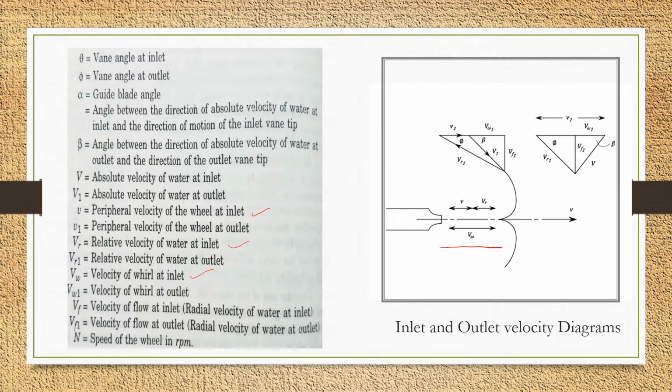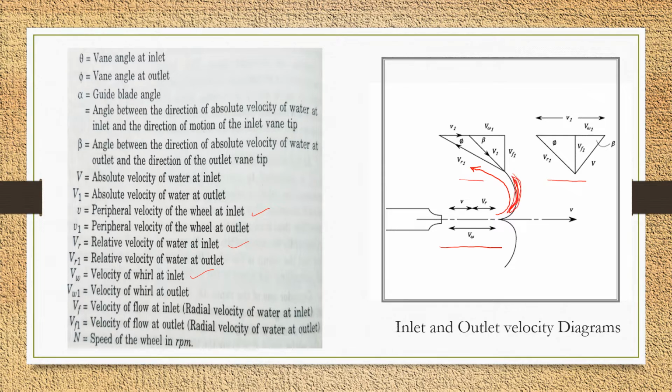For the outlet velocity triangle, there are two outlet velocity triangles based on the angle beta. In the outlet velocity triangles, the relative velocity at the inlet is kept the same as the relative velocity at the outlet, neglecting the friction in the vanes.